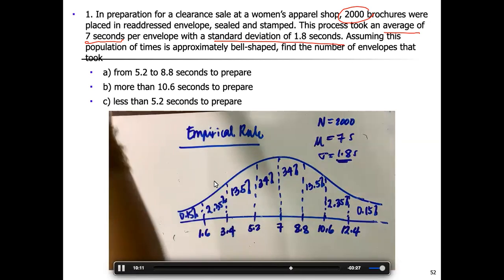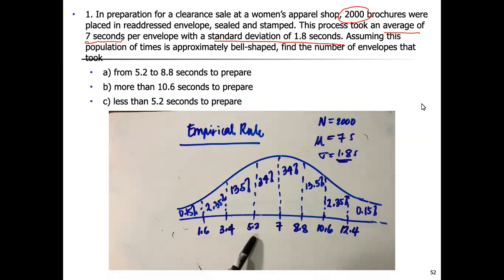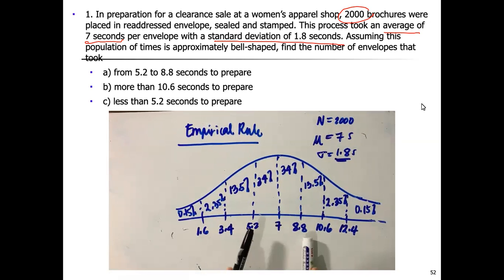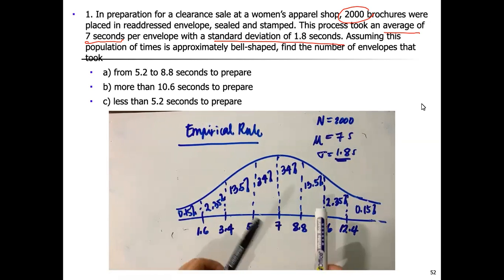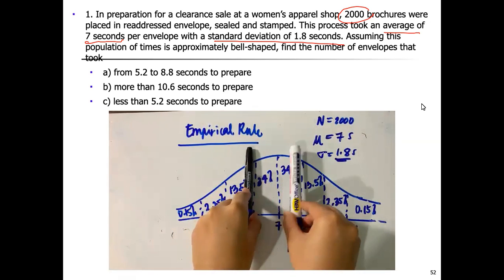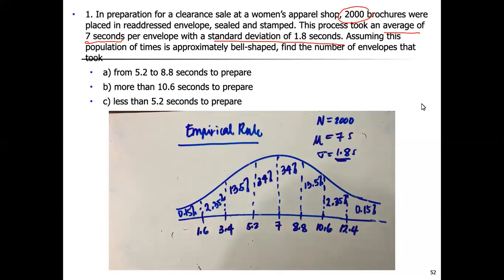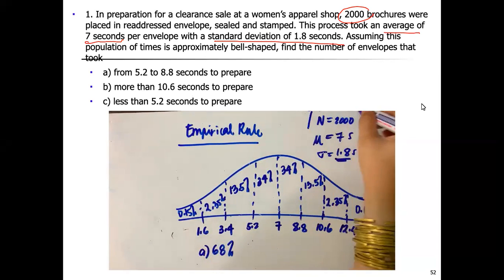So we are asked to find the number of envelopes that took from 5.2 seconds to 8.8 seconds. From 5.2 to 8.8 seconds, the equivalent percent is 34% and 34%, which is equal to 68%. So for letter A, that will be 68% of our population of 2,000.